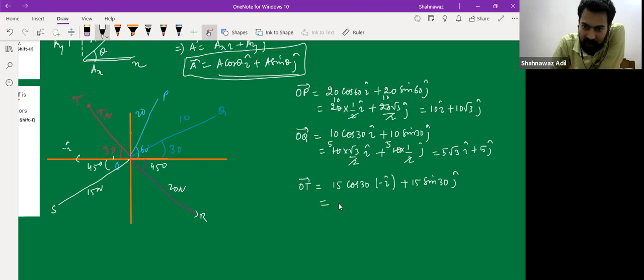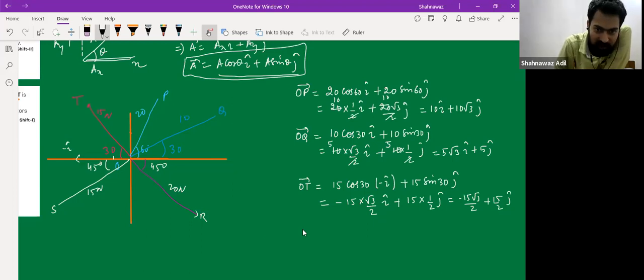So this would be minus 15 root 3 by 2 i hat plus 15 by 2 j hat.